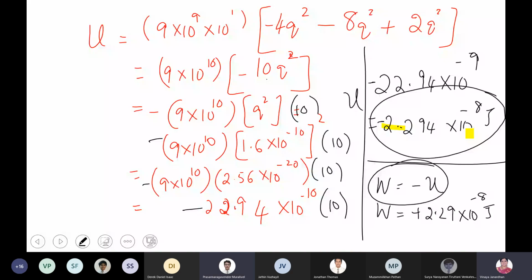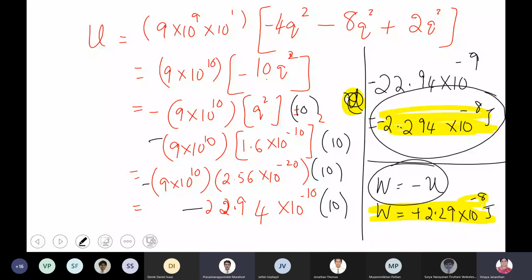Because if you want to bring all the charges together, the work you do in bringing all the charges together is minus 2.29 into 10 to the power of minus 8 joule. If you want to break, you supply equivalent to this, but in the opposite way. So that's the thing.